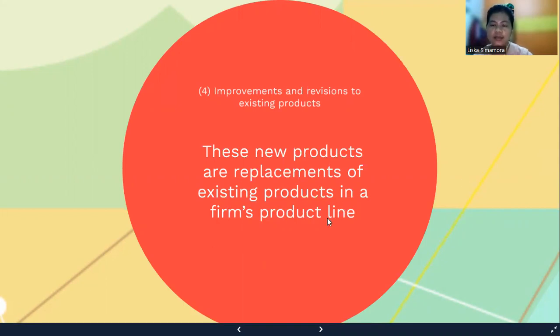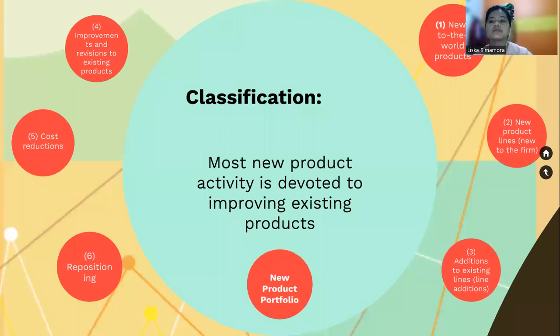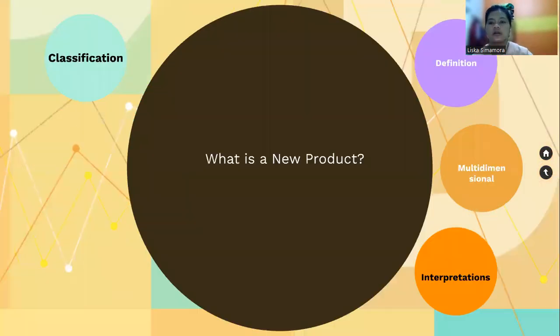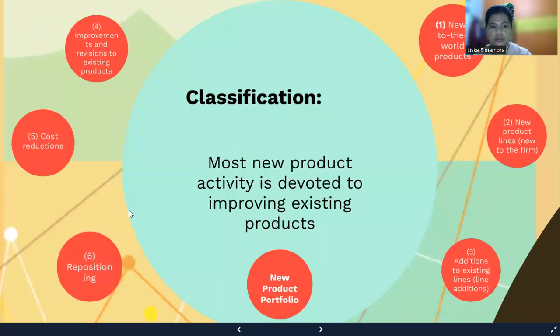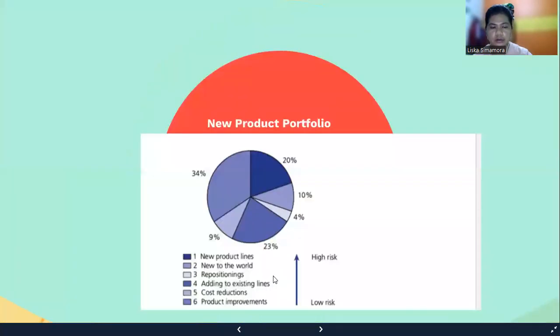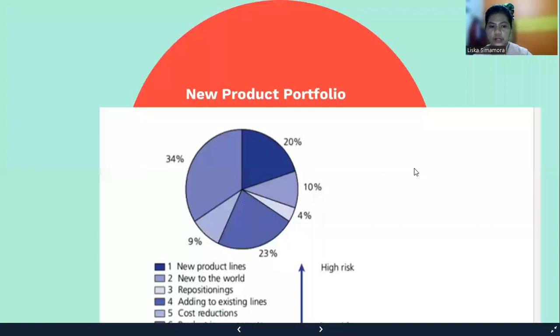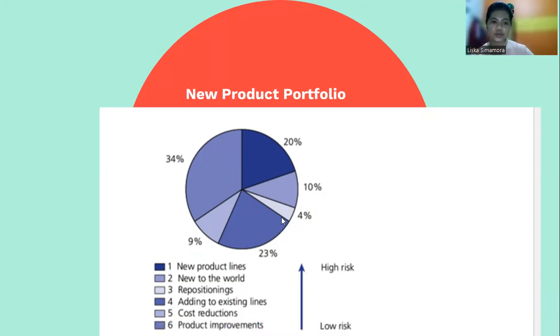So this one will help the company to get more. We have to see this portfolio. Repositioning only gets 4%. So it is not good to do repositioning in your company. That is the smallest one.